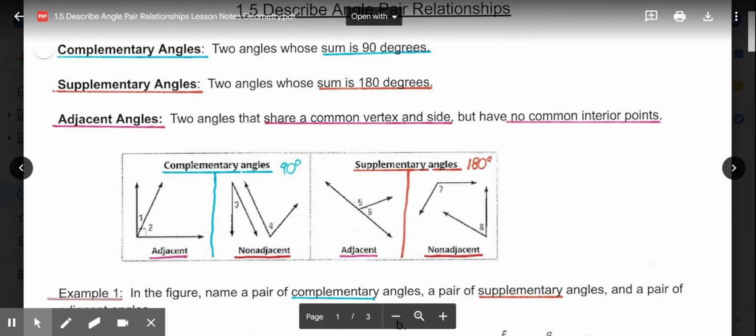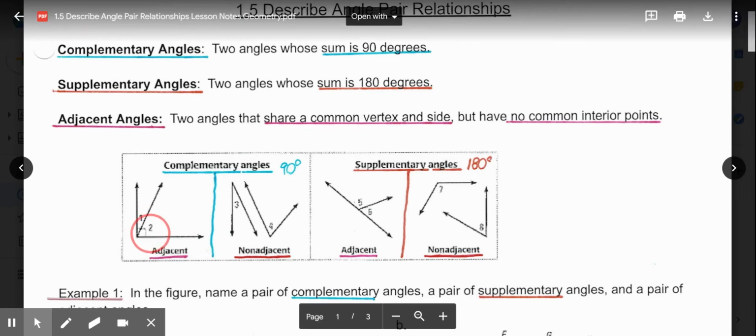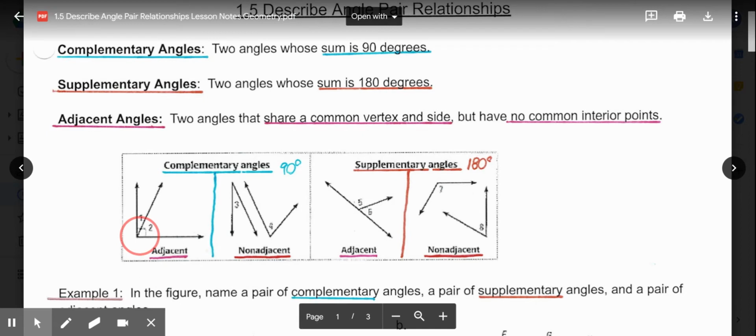An example of adjacent complementary angles, we have the box symbol here in the corner, meaning right angle, and the two angles, 1 and 2, add to be 90 degrees, and they're adjacent because they share this side, but they don't have any shared interior points.